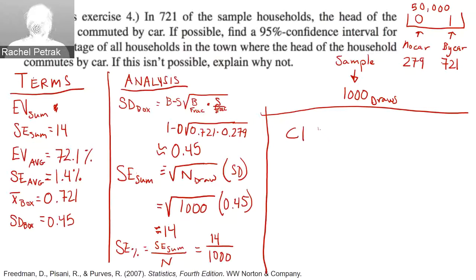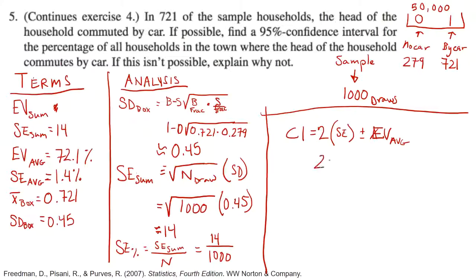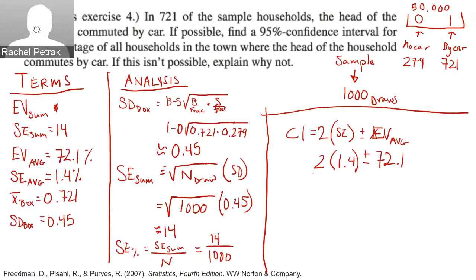Our confidence interval is just equal to, for a 95% confidence interval, 2 times our standard error, plus or minus the expected value average. All right, so we can see here this will be 2.8.